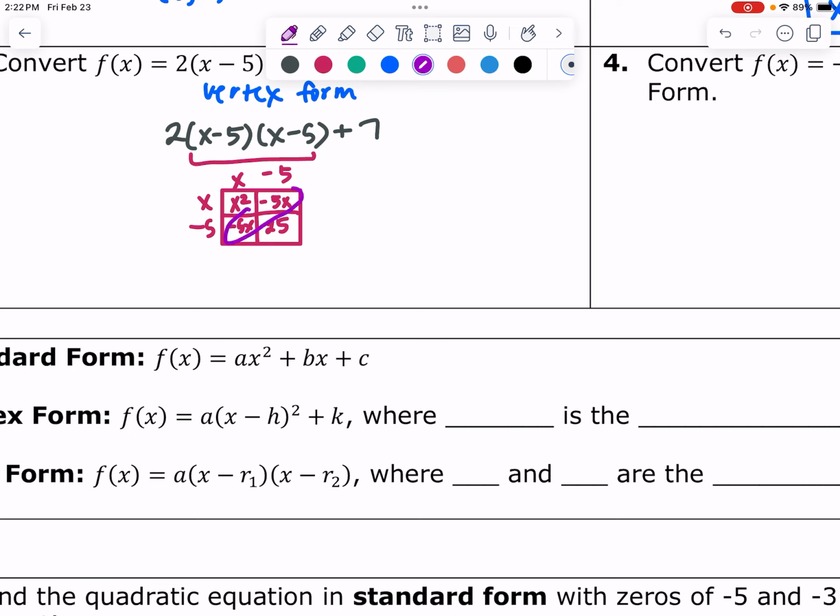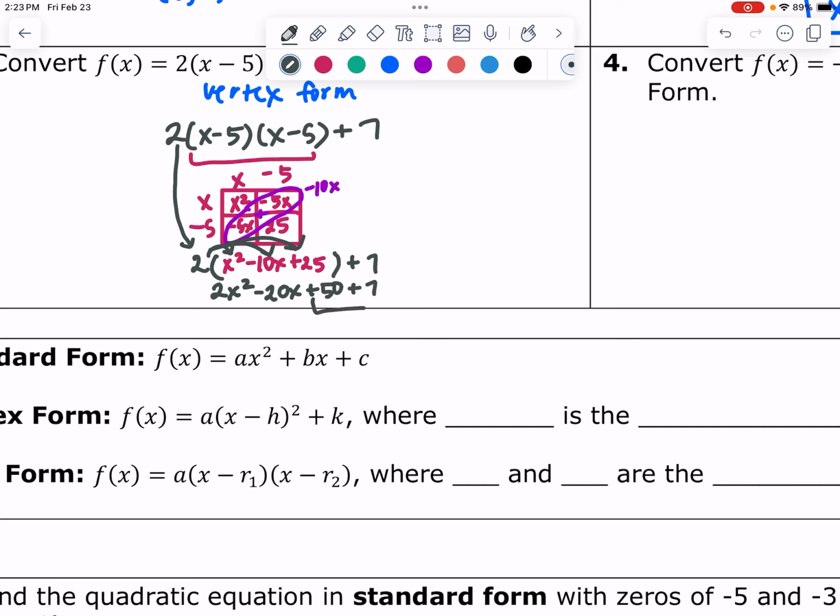These are our like terms, which add to -10x. So the result of the box is x squared minus 10x plus 25. Put that back in parentheses and bring down the 2 and the plus 7. You have to distribute the 2 next, which would give us 2x squared minus 20x plus 50.